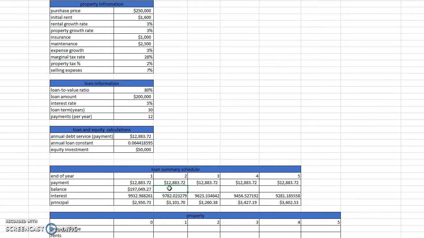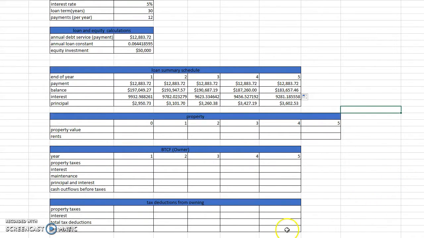And then to get the second one, we'll take the balance one and subtract that by the second principal. Then we should just be able to drag that on to calculate our other ones.